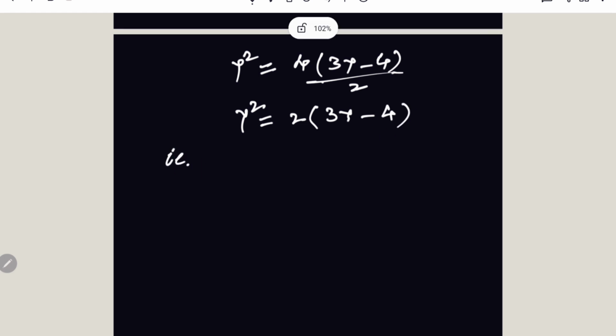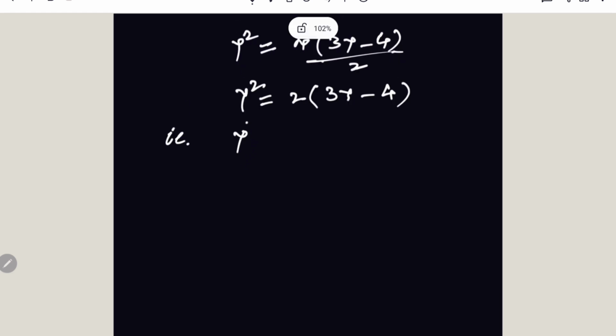That is nothing but, transferring all terms to the left hand side, y square minus 6y plus 8 is equal to 0. We get a quadratic equation in terms of y.